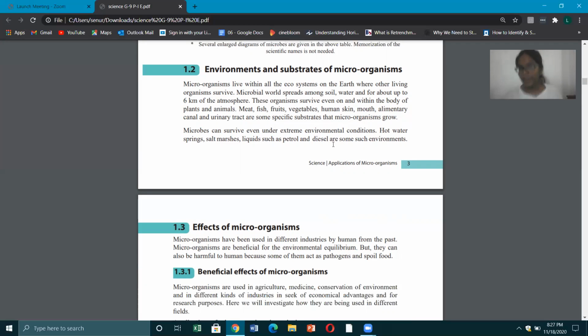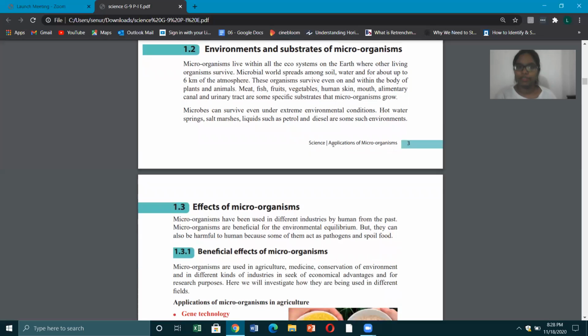It can be anywhere, not just in animals like us, because humans are animals according to science, even in plants. Meat, fish, fruits, vegetables, human skin, mouth, alimentary canal, urinary tract are some specific substrates where microorganisms grow. That is what I told you.